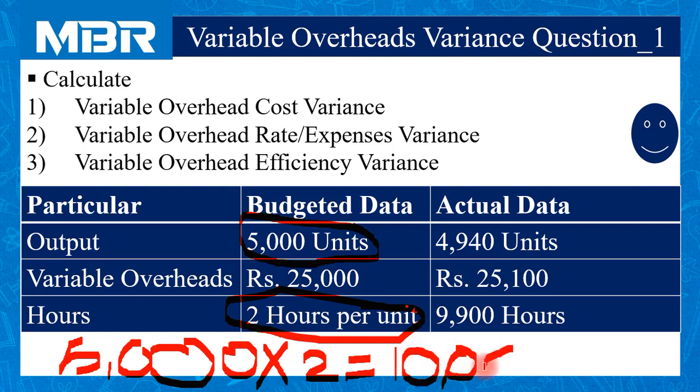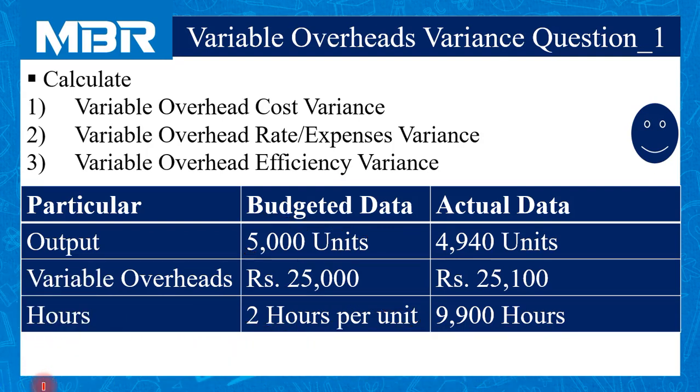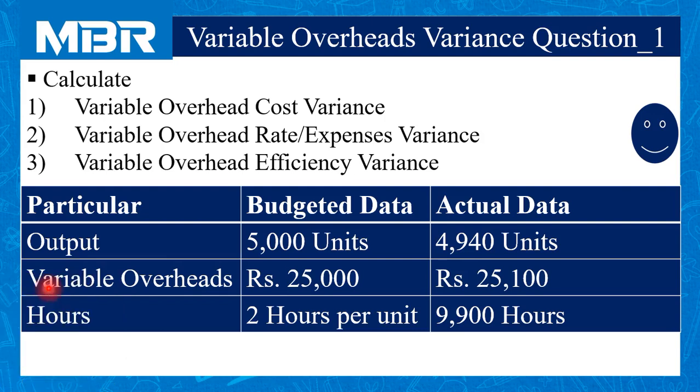Here the company has given information to us in such a way that we need to calculate these 10,000. It may be possible that the company may provide you information for these 10,000 in ready-made form. But here it is not given, so we need to calculate using our own ideas.